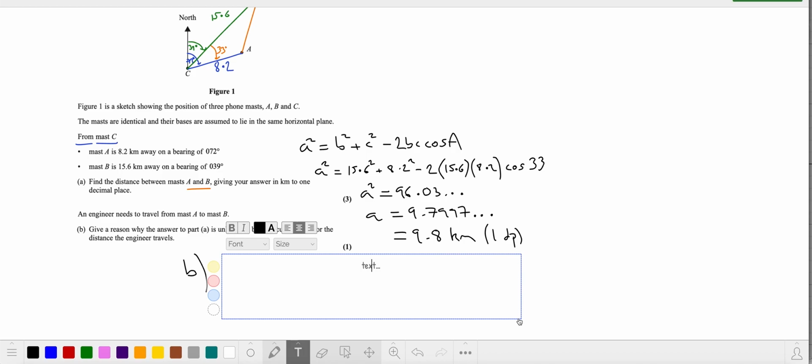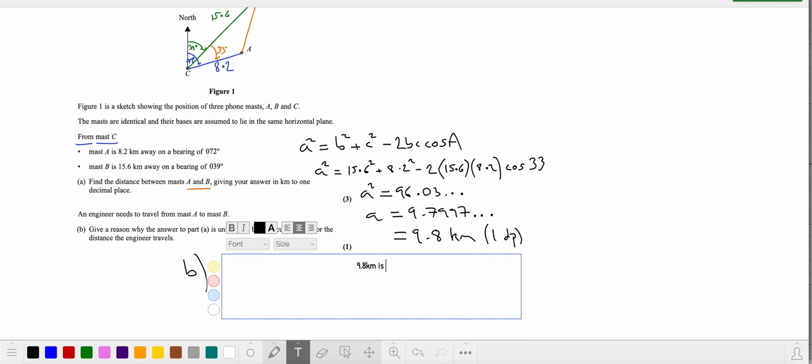If we're actually traveling between these two masts, we've got to travel 9.8 kilometers. That's as the crow flies, is the phrase that we use. So you can use that phrase if you like. If that's not something in your idiolect, you can put it some other way.